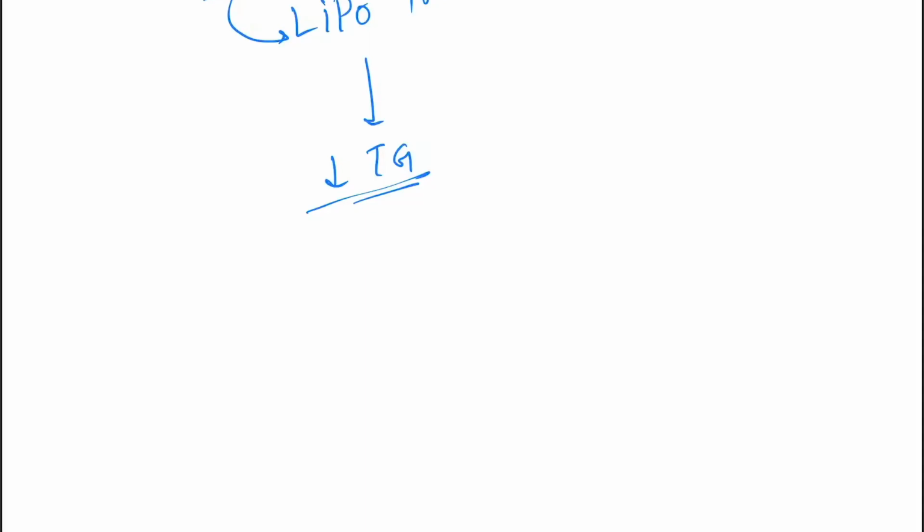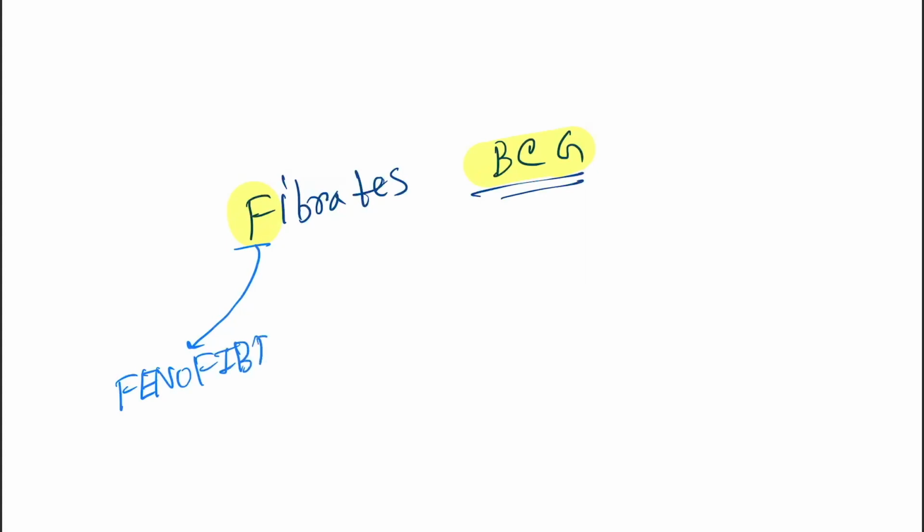Here the mnemonic for fibrates is BCG. BCG is a vaccine, so you can remember. Fibrates will take F, and BCG is whole. F for fenofibrate.